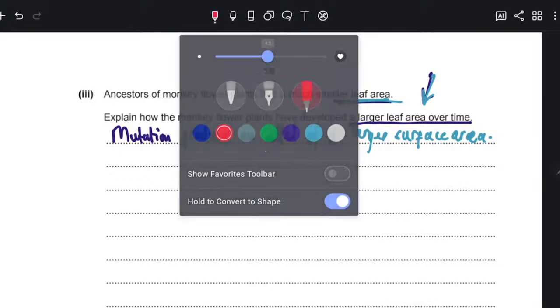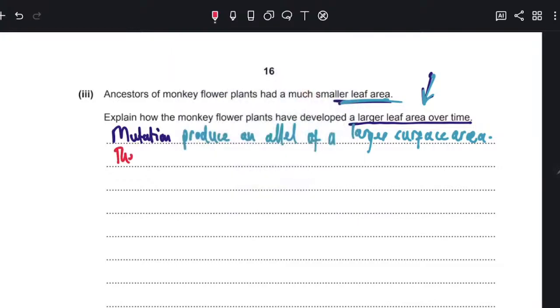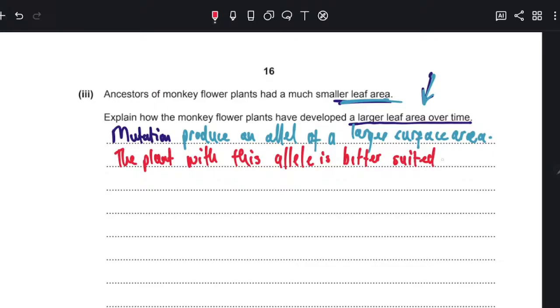Now you can say the plant with this allele is better suited for the environment.